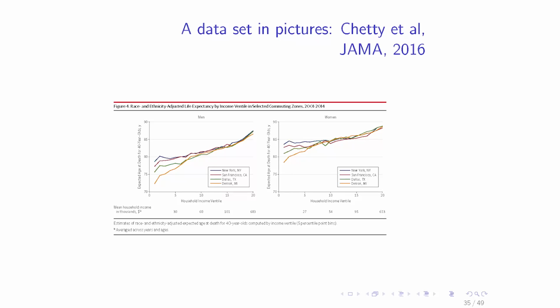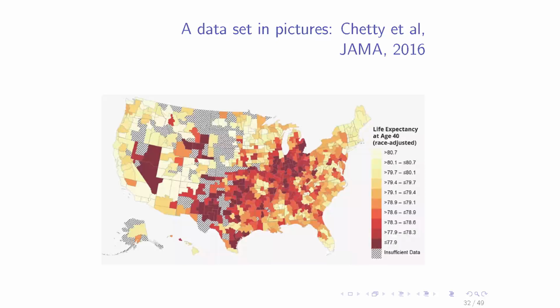And then this is sort of combining the two. That's another interesting choice you might want to make. We had the geographic information that I first showed you, and we have the income information. How do the two map together?